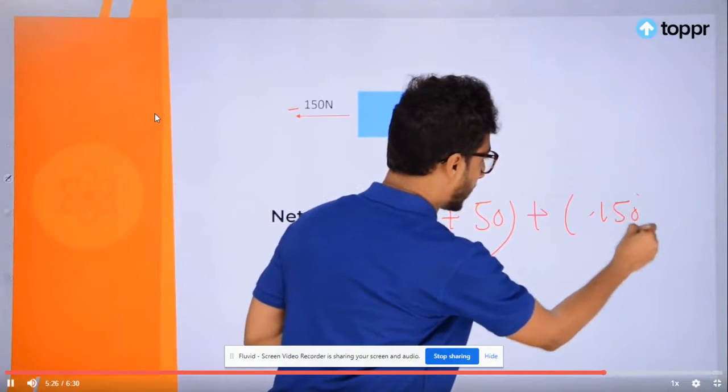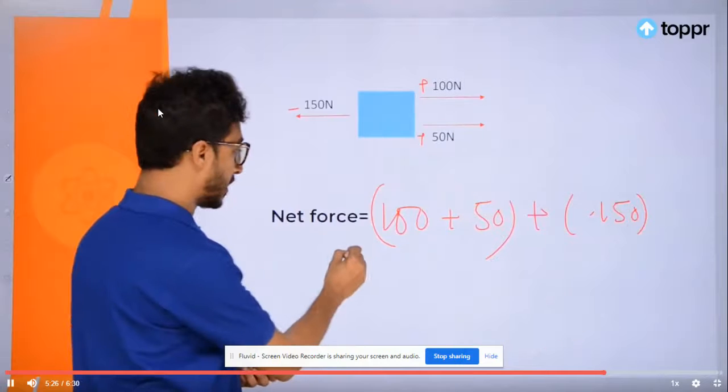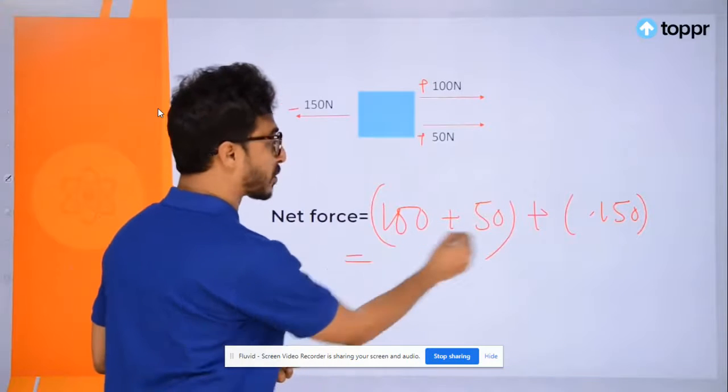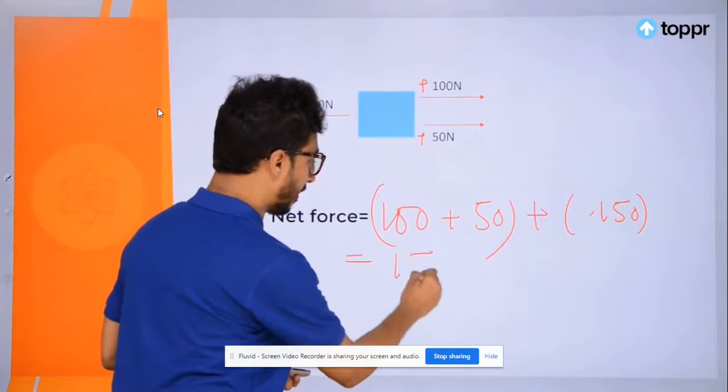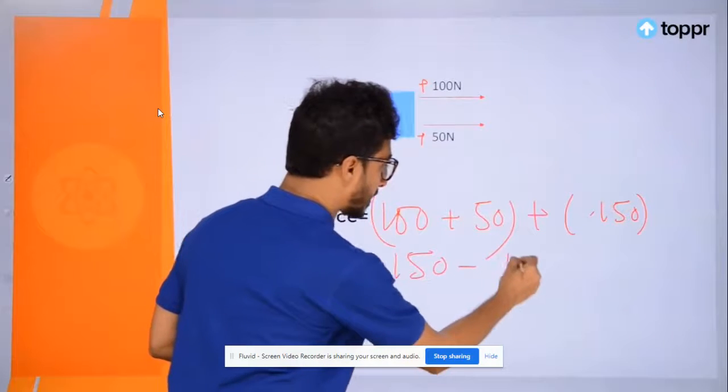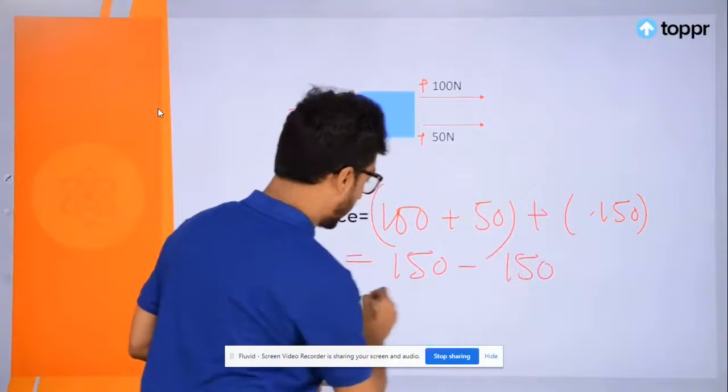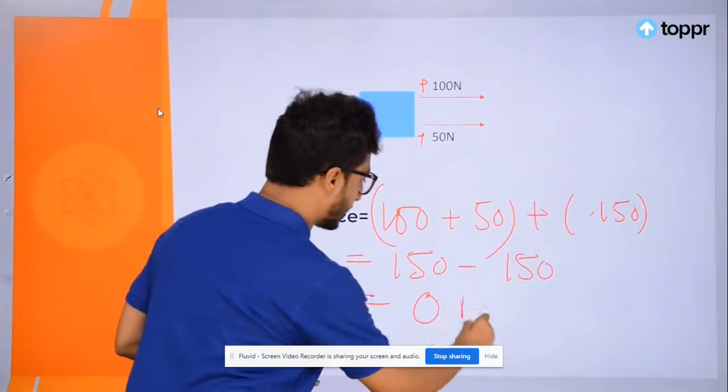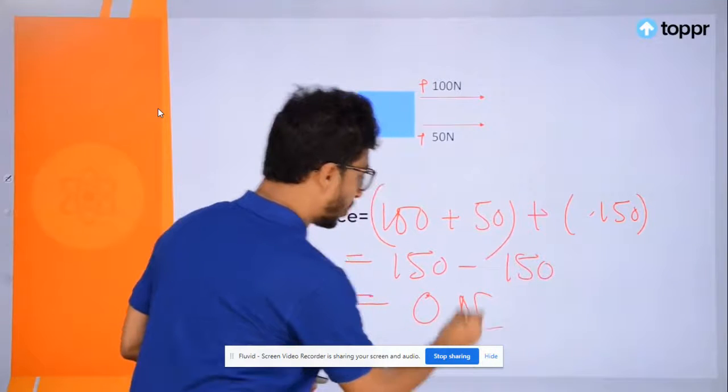All are in Newton. So it becomes 150 minus 150, that is 0 Newton.